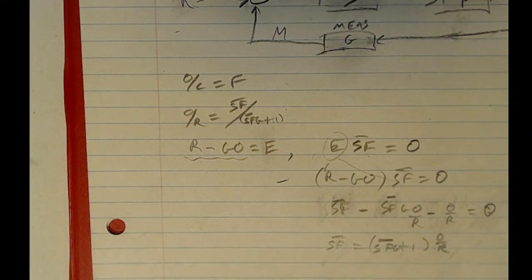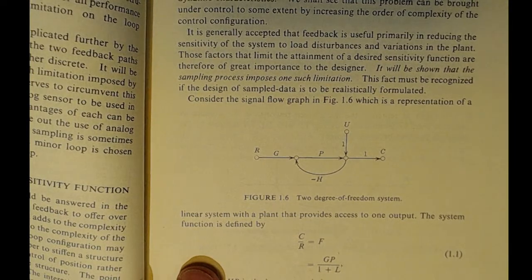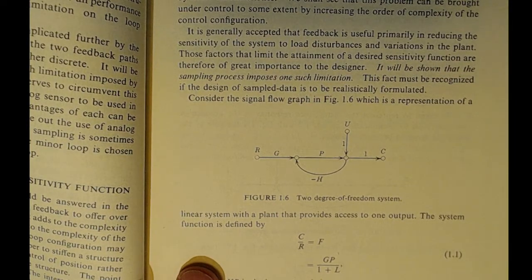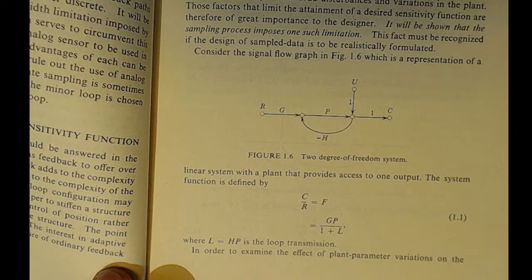So now we go back in here and try to figure out what the heck they're talking about. So P is what I was calling SF. For reasons that escape me, they have drawn their measurement as minus h. I have no idea what U is doing, although they don't seem to use it anywhere.